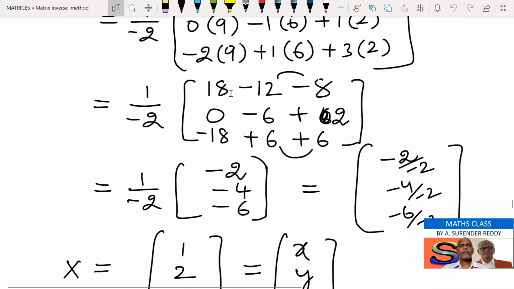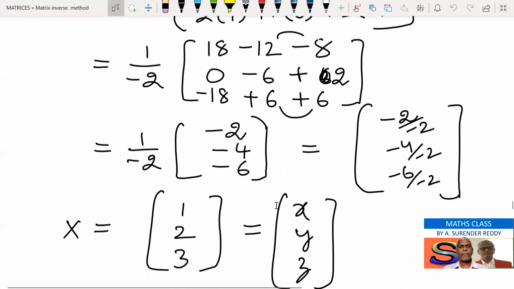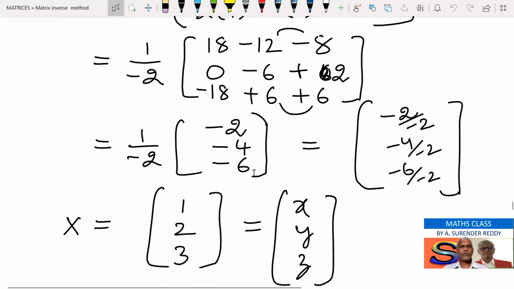Okay, this is minus 20 plus 18 minus 2, minus 6 plus 2 minus 4, minus 18 plus 12 minus 6. So minus 2, minus 4, minus 6. Divide all these three elements by the determinant minus 2. Divide the first element by minus 2, second element by minus 2, third also by minus 2.